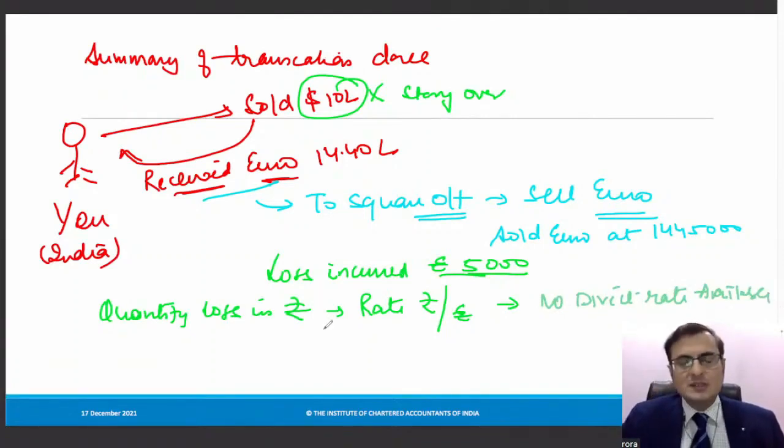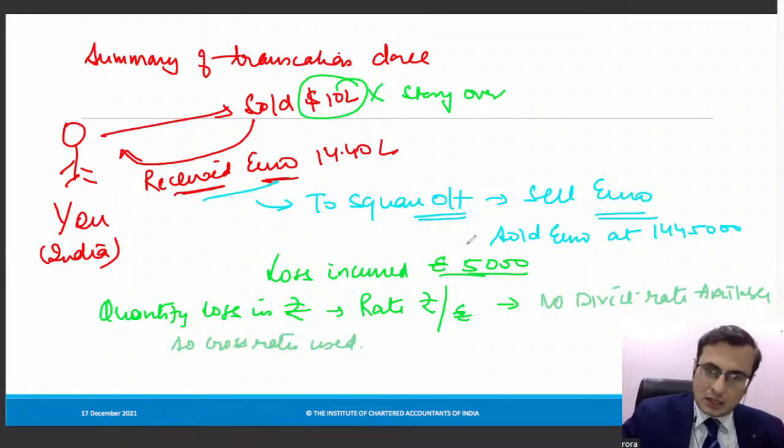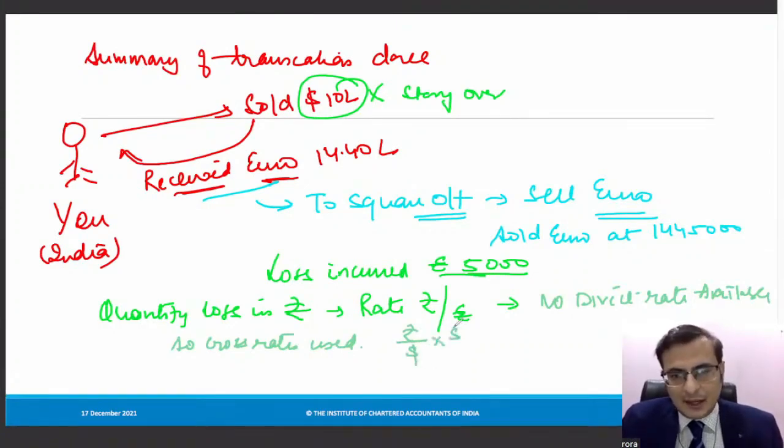Conceptually, we have used the cross rates. So how do we use a rate? As we know, like Archie's gallery example, you will have to buy euros additionally to compensate for that loss. You have to buy euro. So the rate ideally should be like this: rupee in the numerator, dollar in the denominator, again dollar in the numerator, and euro in the denominator.